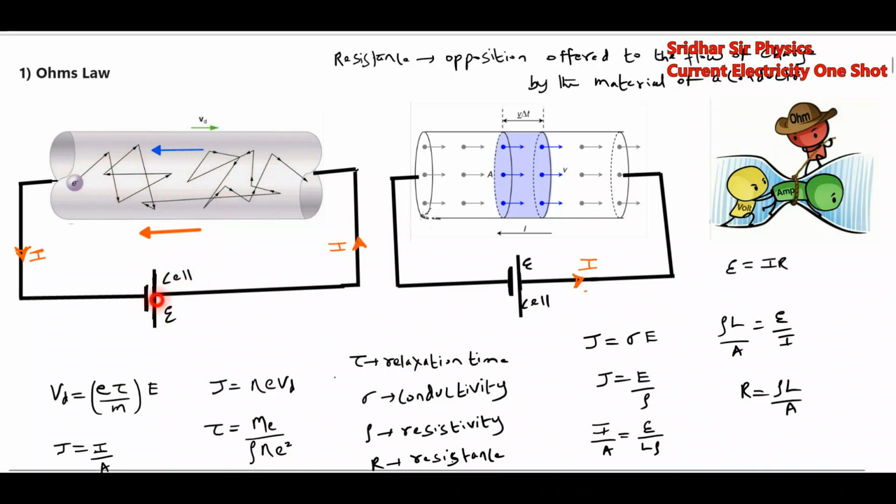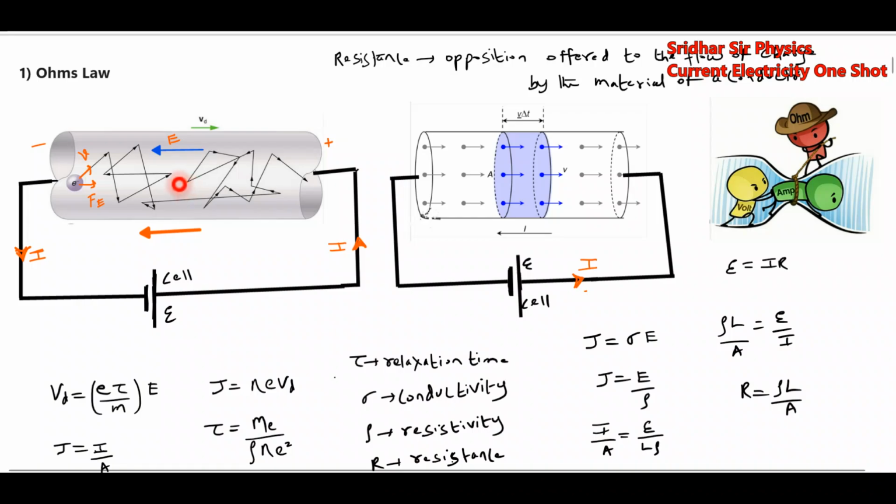I'll connect a cell. Because of this cell, a potential difference is set up, plus and minus. Because of this, an electrostatic field is generated inside the conductor, and the electrons experience a net force towards the right. They also have the random speed, and the resultant is a zigzag path.